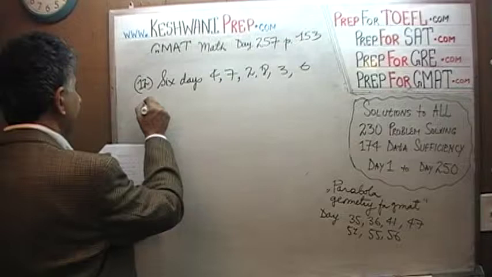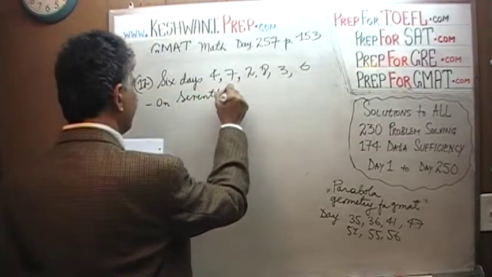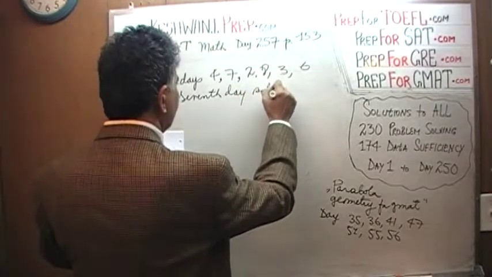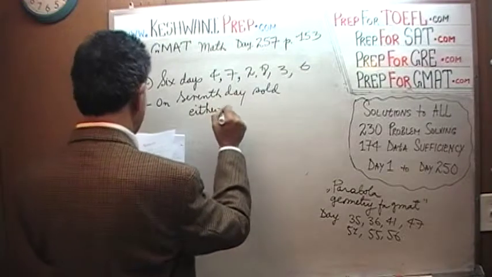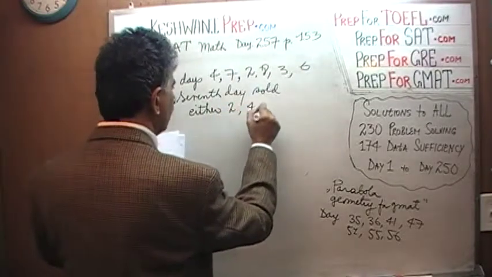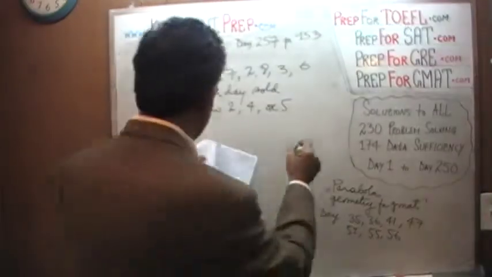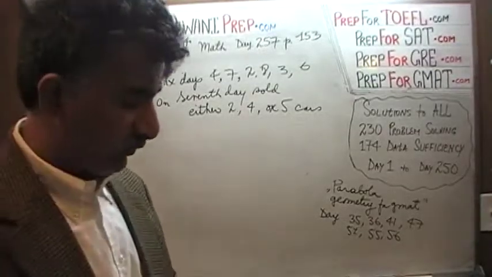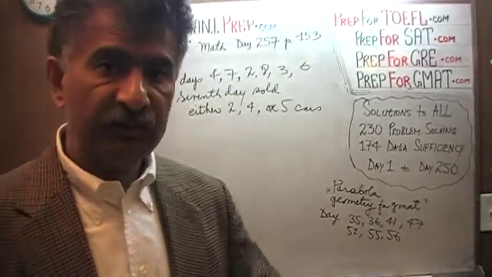On the 7th day, we sold either 2, 4 or 5 cars. The question is very straightforward. The median has to be equal to the mean in which of these 3 scenarios?